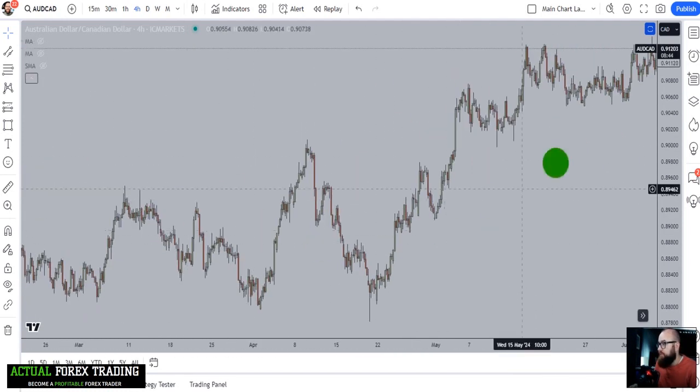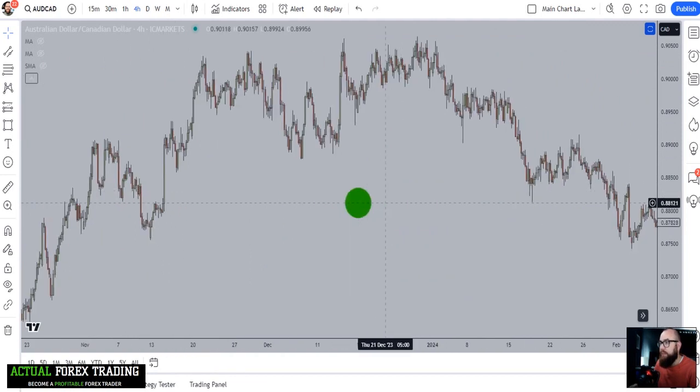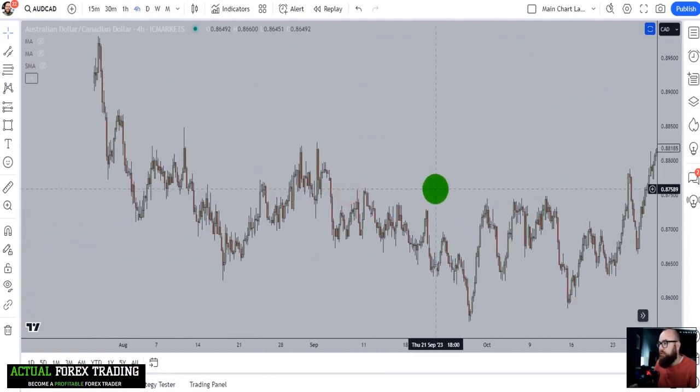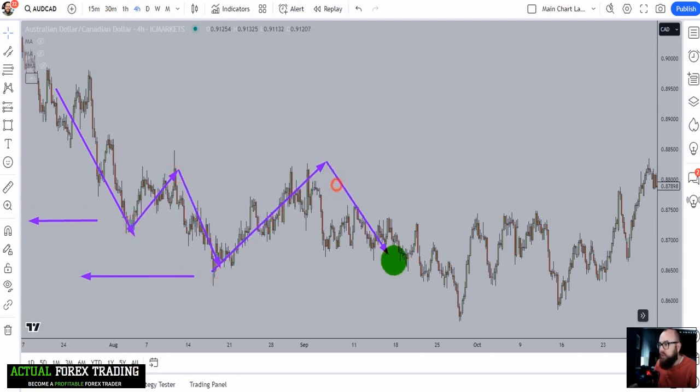Now, I've noticed that we're only focusing on uptrends here. So let's try and find some downtrend examples. So something over here. So if we were looking at the swings here, unique chart space, looking good. Unique chart space, looking good. We don't have unique chart space, not much of it anyway.